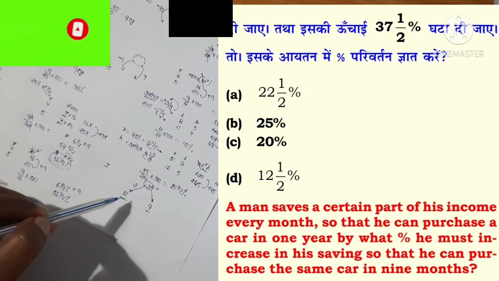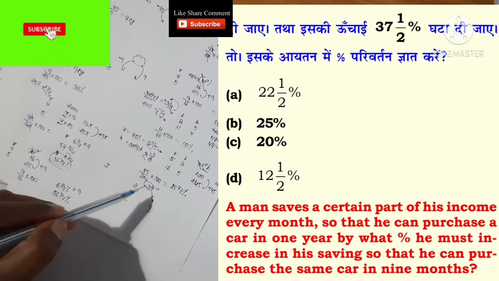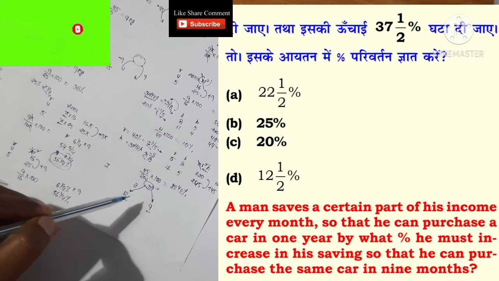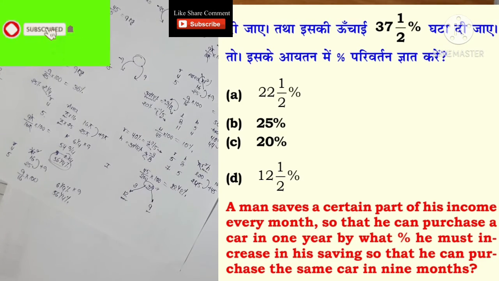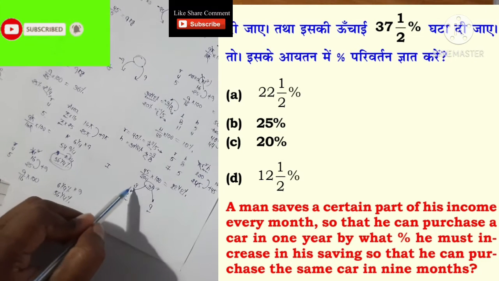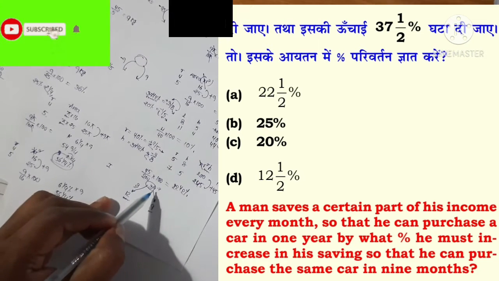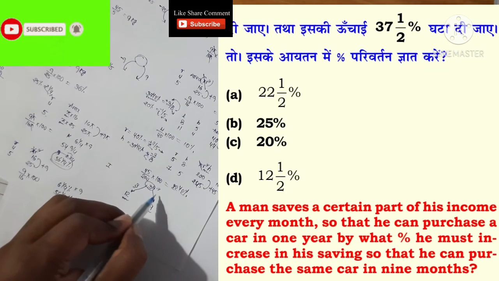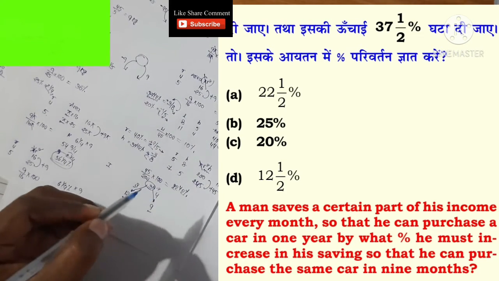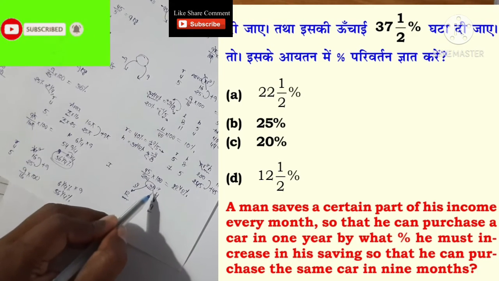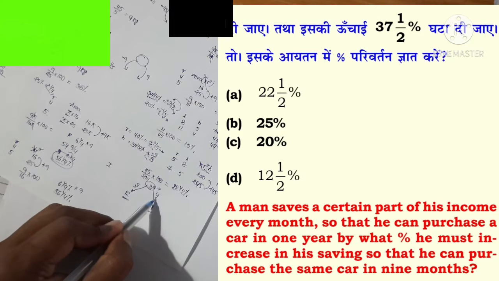For each 12 months you can earn 36 rupees. For each month 36 by 12. Okay, first month you can save 3 rupees per month. So 36 by 9, that means value is 4 rupees. So in 9 months, for each month you can save 4 rupees.